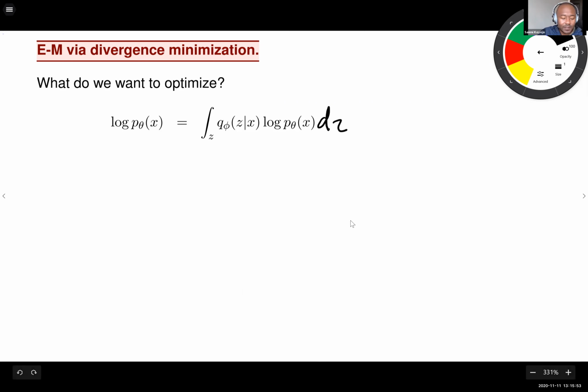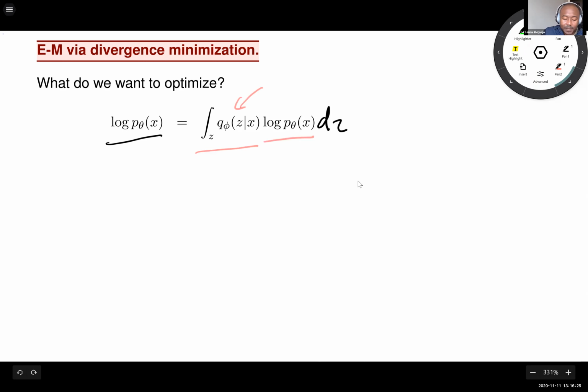Okay, so we're interested in optimizing this. So we're going to try and derive EM from first principles, and we'll again justify the E step. So what I'm going to do is replace this log probability with a product with Q of Z given X. This is a density. This integration will always integrate to 1.